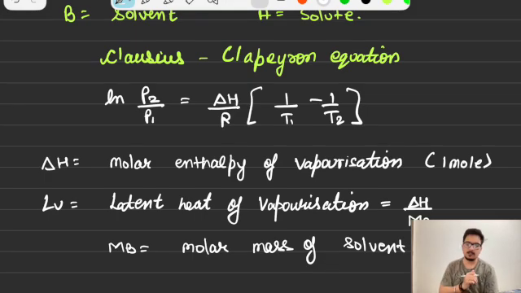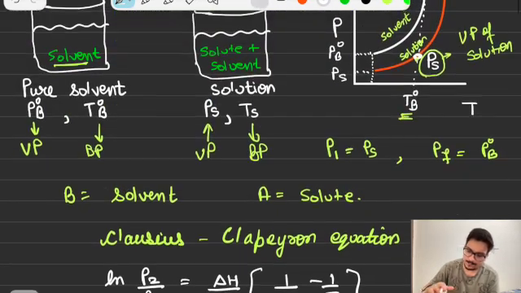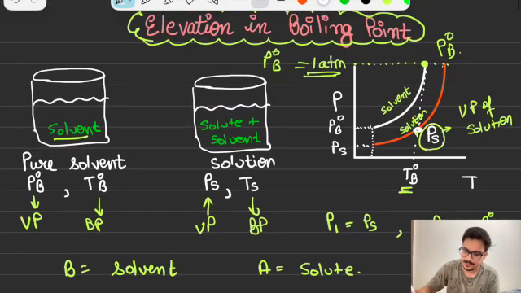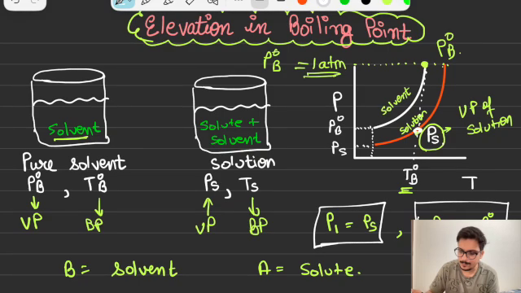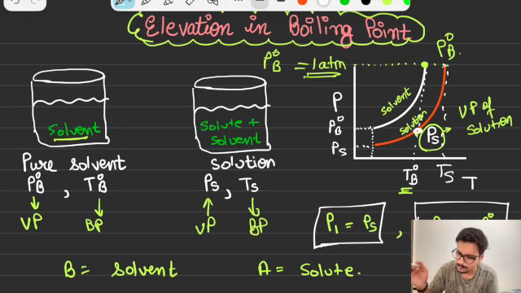Okay, so now let's recollect. The initial pressure of the solution would be Ps. The final pressure of the solution to get it to boil should be P naught B, and this P naught B will come at a temperature of the solution which is, let's suppose, Ts. Ts is the boiling point.